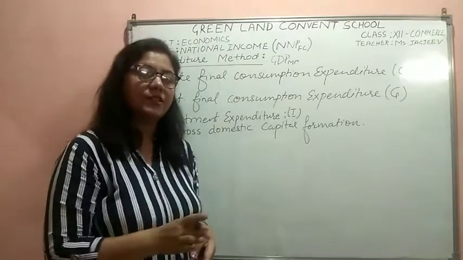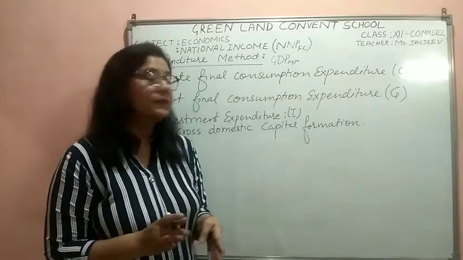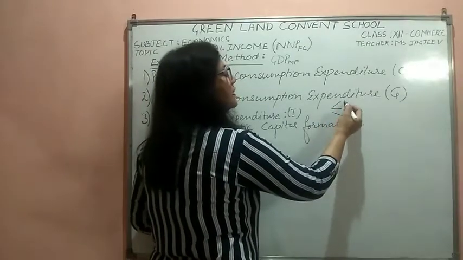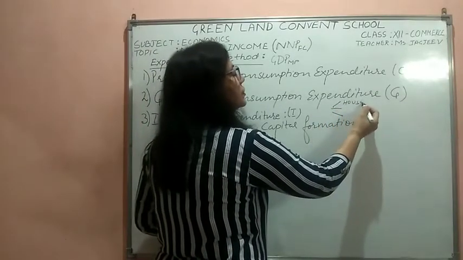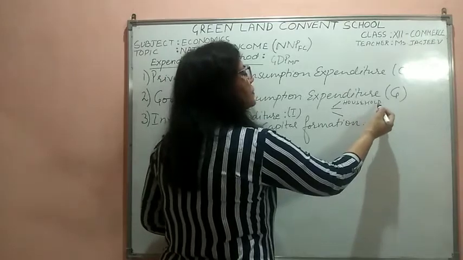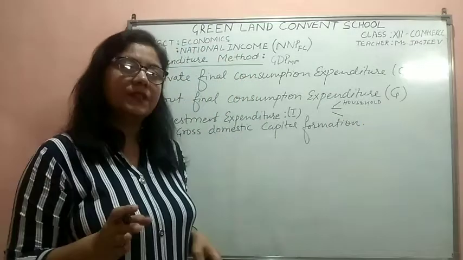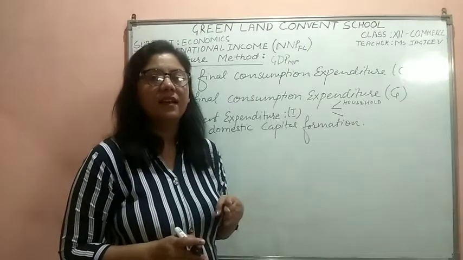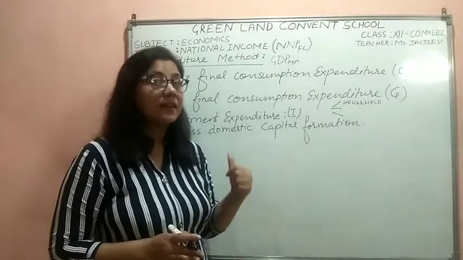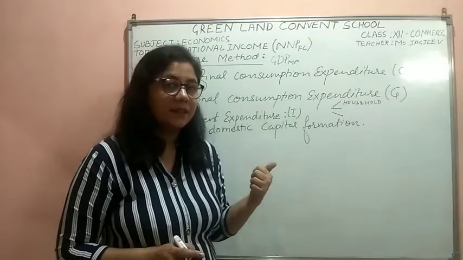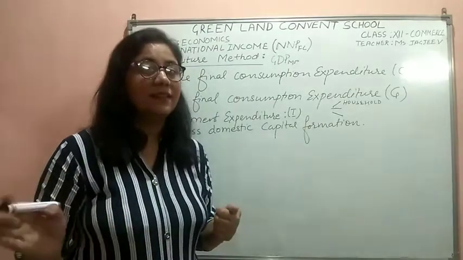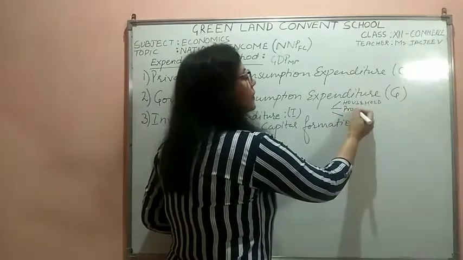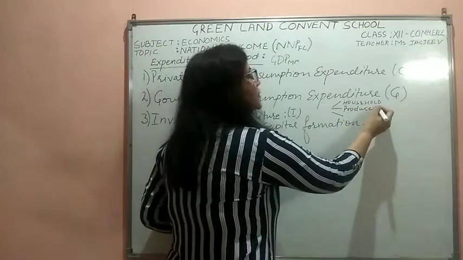If we say investment expenditure, it is the expenditure done by three types of persons. One is households doing investment expenditure. Where are the households doing investment expenditure? They are doing it on the construction of the houses they are living in. That is the investment expenditure done by the households. Secondly, by the producers. Where are the producers doing investment expenditure?